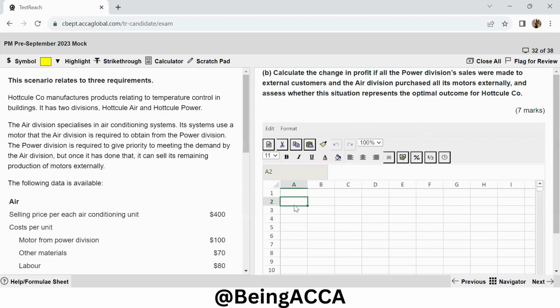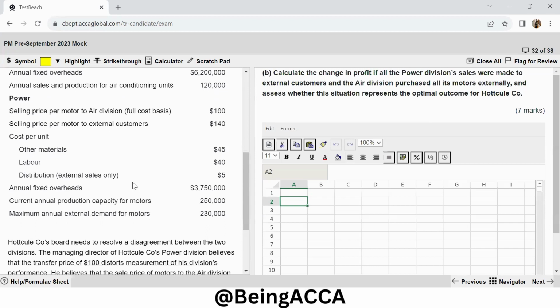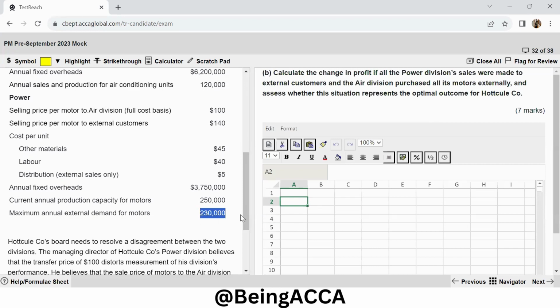The power division has a maximum annual external demand for 230,000 motors. So they will be selling this many motors externally. Earlier they were only selling the difference between 250,000 minus 120,000 externally in the market, so they were only selling 130,000.